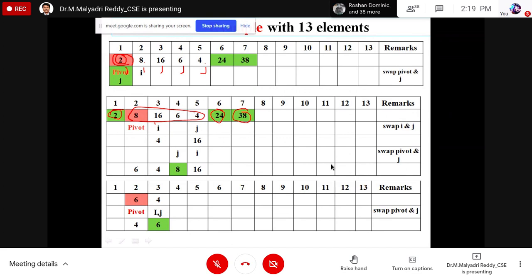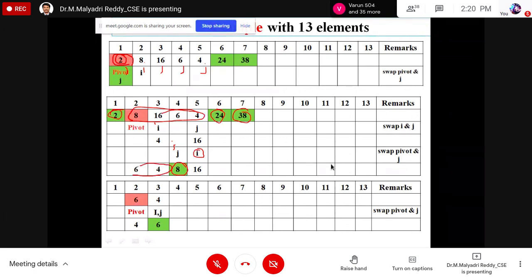So replace 16 with 4. Next, i increments: 6 is less than 8, the condition is true, move to here. Here 16 is greater than the pivot element, so we need to swap these two elements, and we will get this sub-array. This 8 element is sorted.